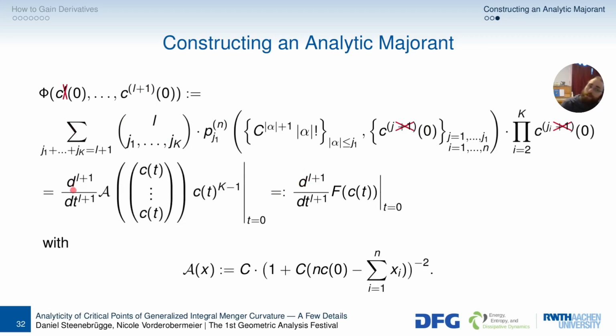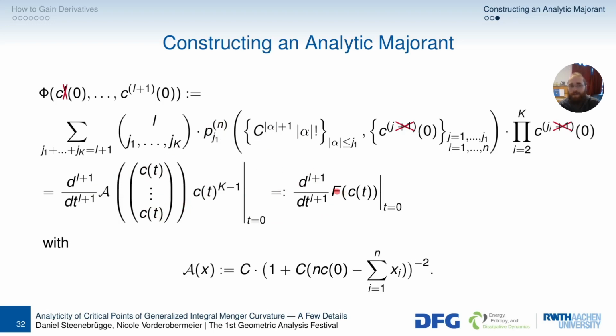So we want this to be the derivative of some function a times c to the k minus 1. And this function a has to take n arguments, because we had n arguments in the Bruno formula, so this is kind of a dirty trick, and we just take the same argument over and over again.